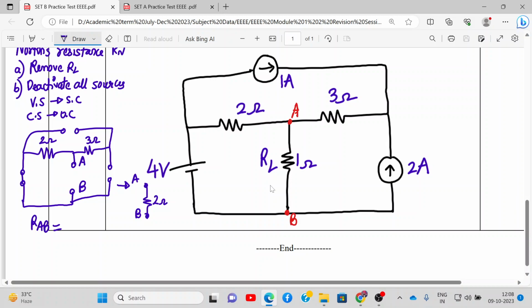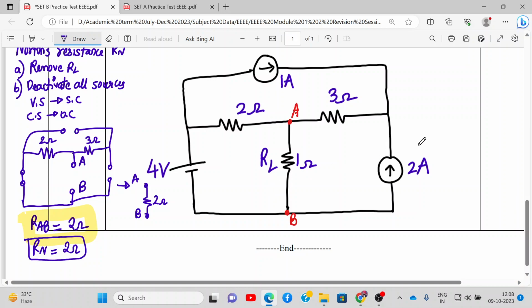The 2 ohm resistance is connected to A and B, so we have RAB as 2 ohm. So RAB, or we can call it Norton's resistance, Rn is equal to 2 ohm. Alright, so we have found out the Norton's resistance.